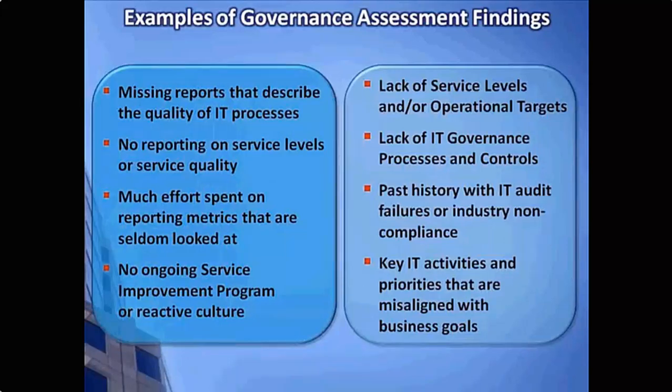Nobody's reporting on services. You may have lots of reports, but much effort is being spent on reporting metrics that are seldom looked at. There's no ongoing service improvement program or there's a reactive culture, so maybe people are producing reports, but there's no real program to look at the outputs of those reports and then use that as input to continually improve the services and the way that IT is operating.